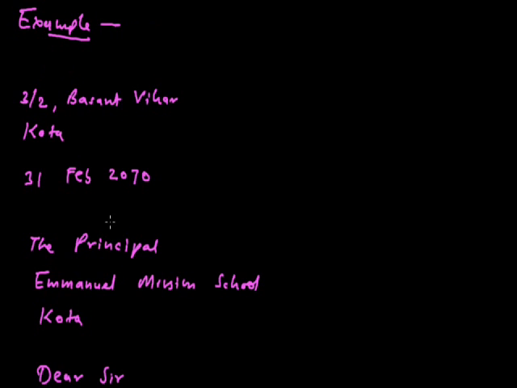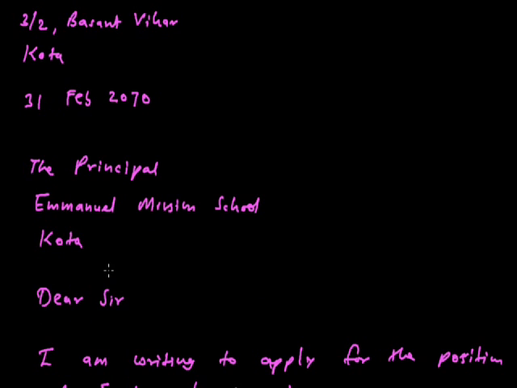Now, I'll read it again for you and I'll be pointing out some important things about it. So I begin: 3/2 Basant Vihar, Kota. There's no full stop, nothing. Clear? Then the date, like this only. Then you write the title of the person or you address the person.